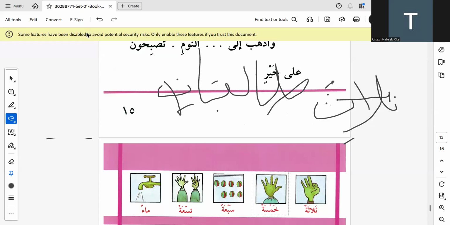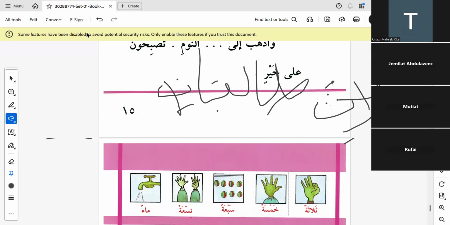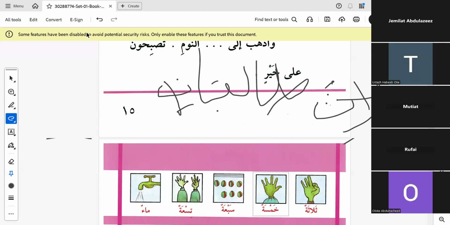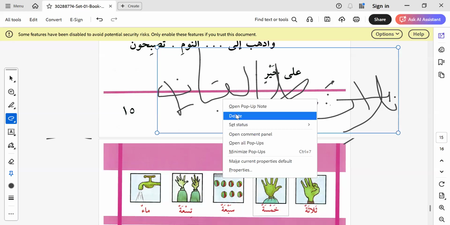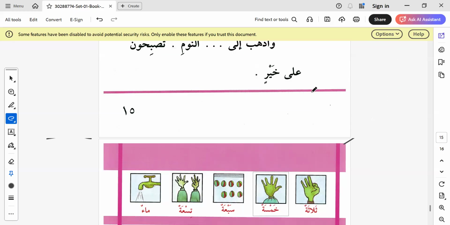Okay, let me call on another person. Yeah, brother Rufai, I think you've been here in this class. Can you help us with 4 masculine students? Yes, are we together?